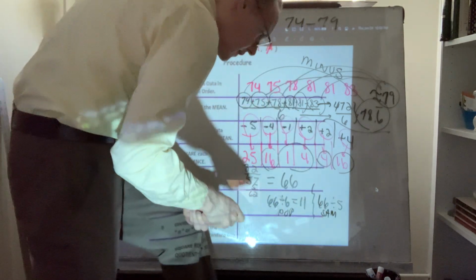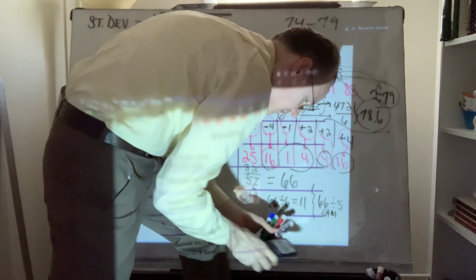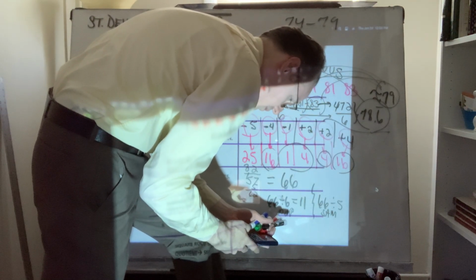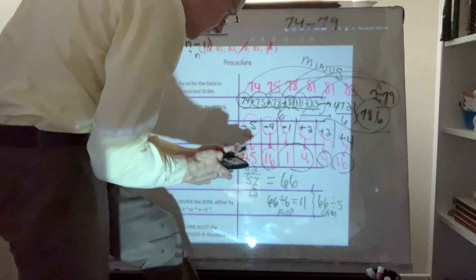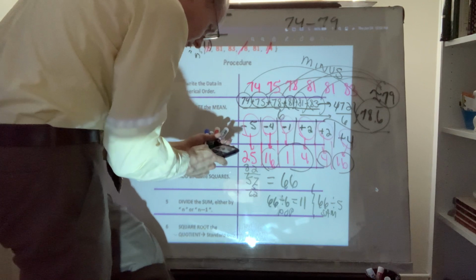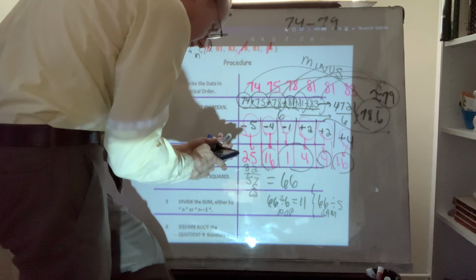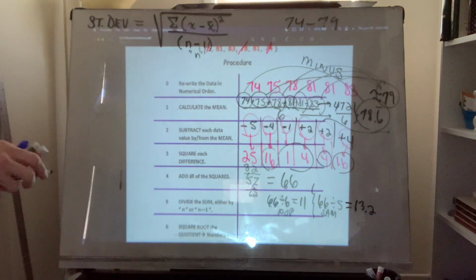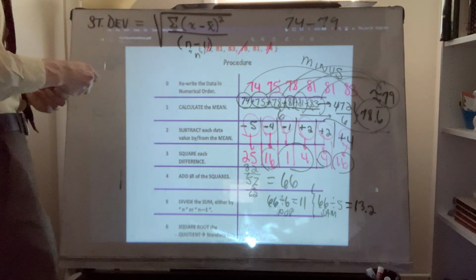What are you going to get? 10 point something. No, pardon me, 13.2, sorry. That makes sense, because if it was 60, it would be 12, right? Okay. So 13.2.